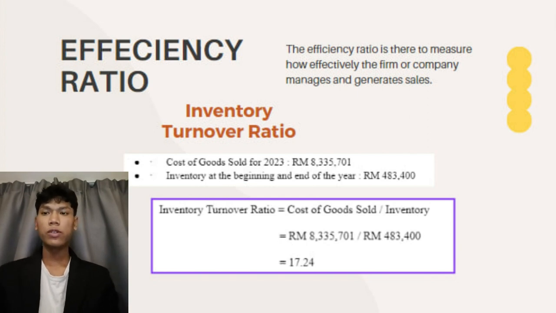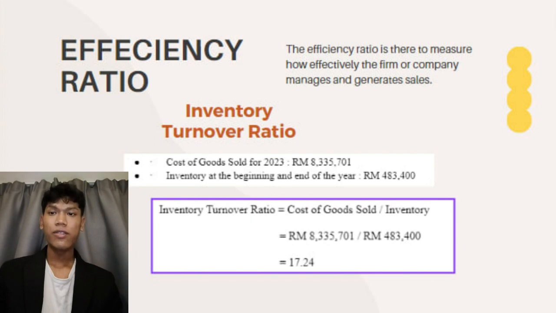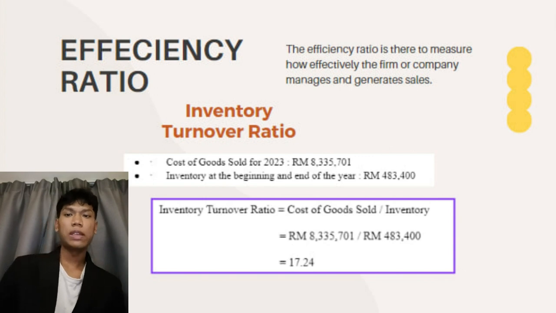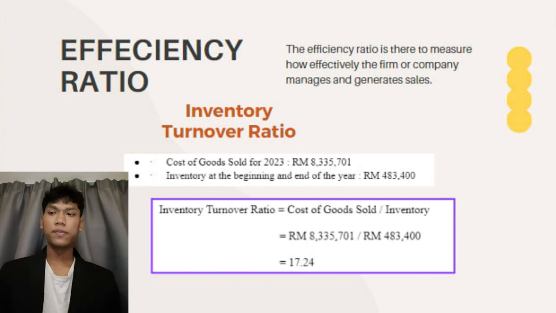So from the annual report, we get that cost of goods sold is 8,335,701 ringgit, and inventory is 483,400 ringgit. This is the average from the beginning till the end of the year.